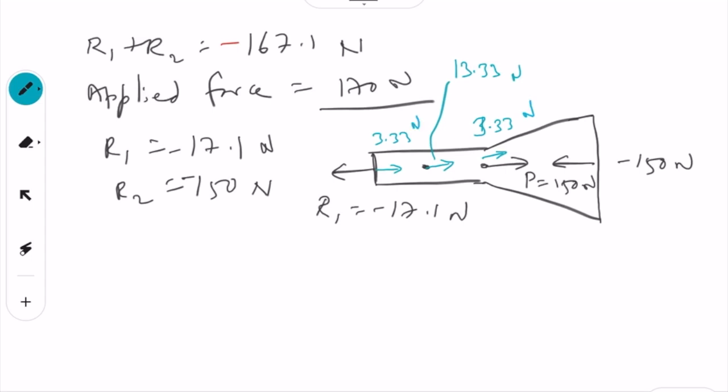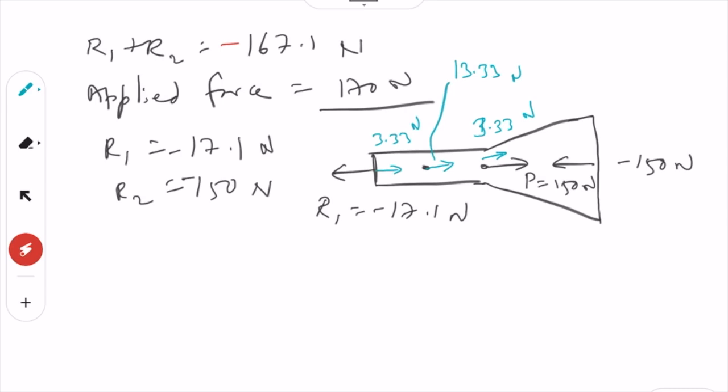Okay, so still what we see is that these reaction forces R1 and R2 are not equal to the total. We get 167, and then we have this 20 plus P, which is 170. So there is a difference of about 3.